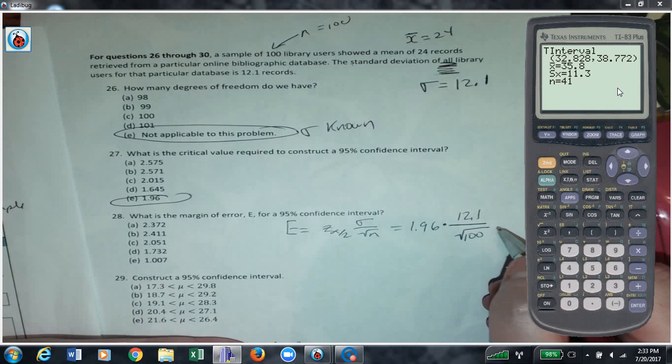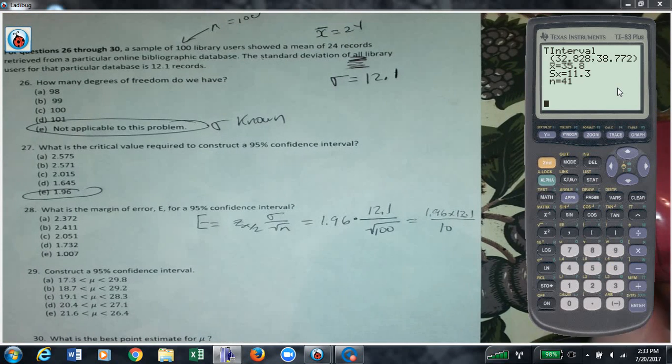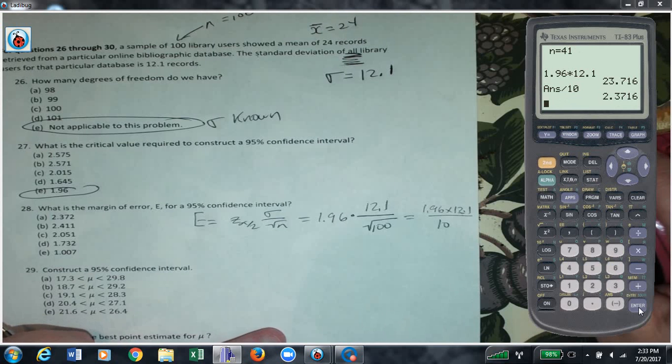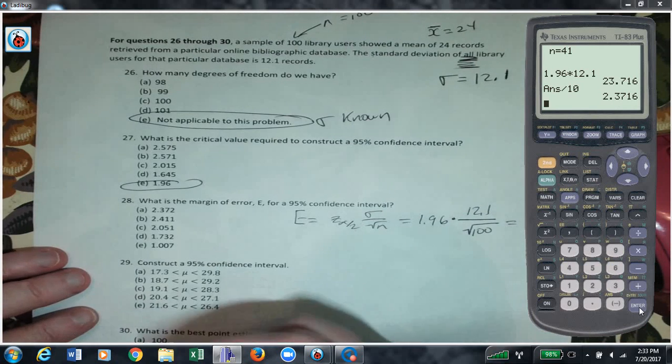The square root of 100 is 10. So 12.1 over 10, and I can make the calculation a little bit easier. The margin of error is 2.372. Okay.